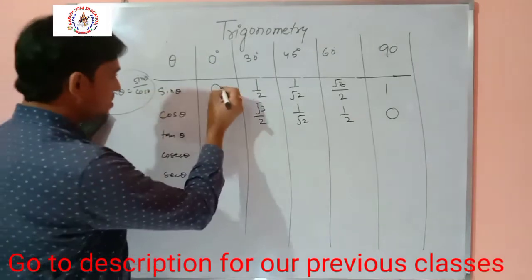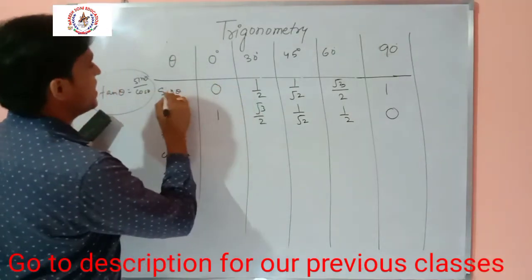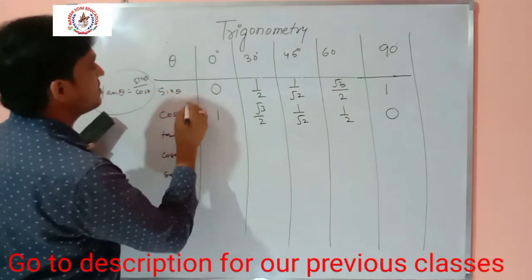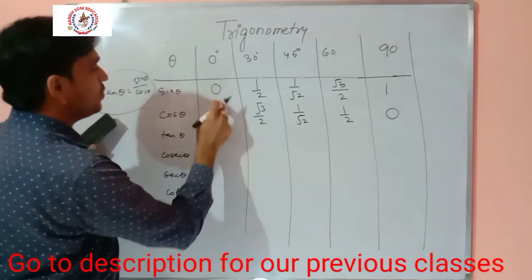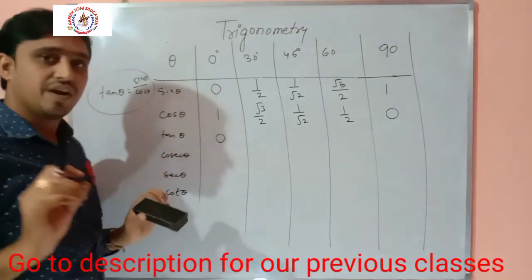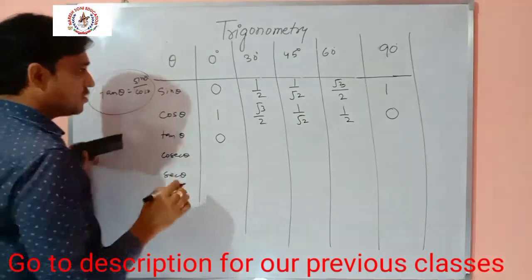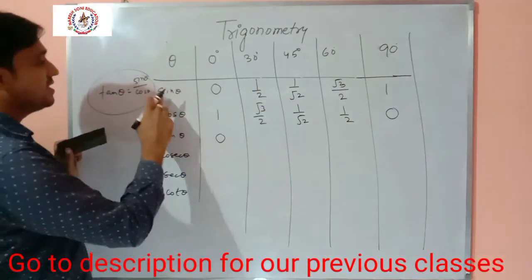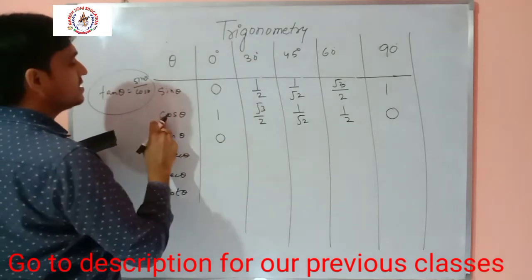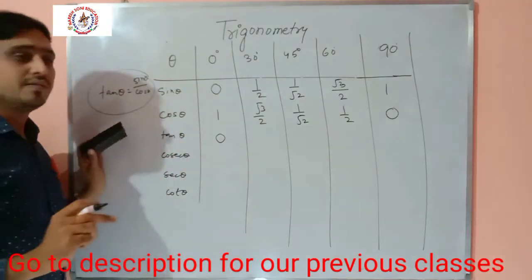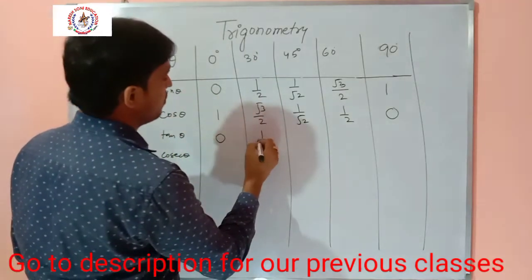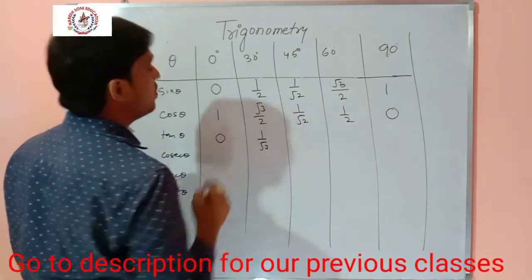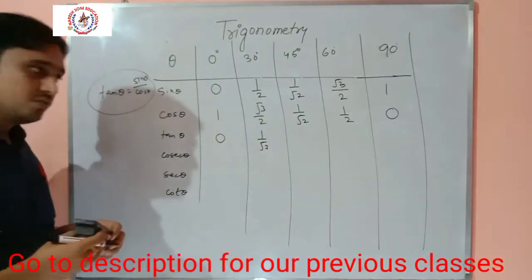So tan theta, sine 0 degree upon cos 0 degree. So 0 upon 1 is 0. Understood? Next one is 1 by 2 upon root 3 by 2. It means sine 30 degree upon cos 30 degree. So what will be? 1 upon root 3. Understood?